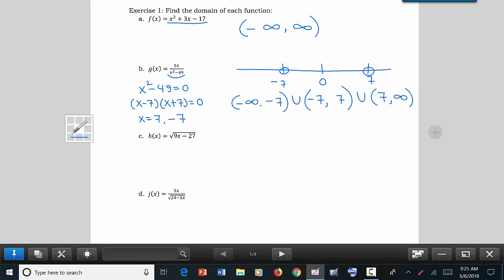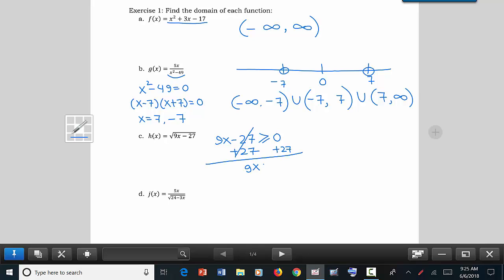For number C, we know if we have the radical sign, or technically the square root, we don't want the expression under the radical to be negative. It should always be greater than or equal to 0. And we are kind of experts at solving this kind of inequality. Add 27 on both sides, cancel out.